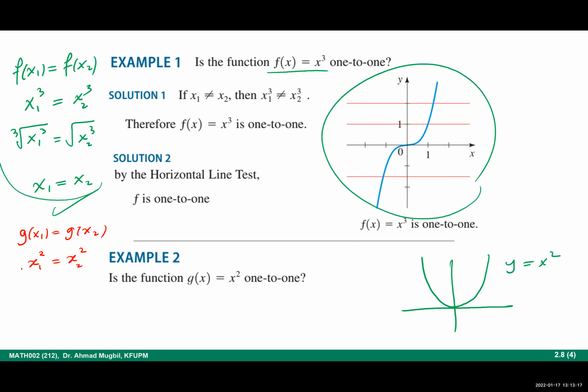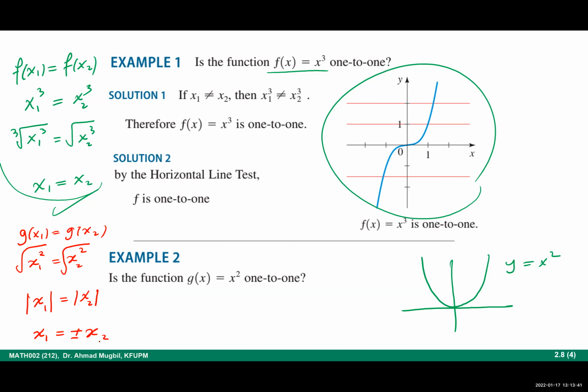Then you will take the square root of both sides. We will get the absolute value of x1 equals the absolute value of x2. And this means x1 might be x2 or negative x2. So x1 equals positive or negative x2, so it is not one-to-one.